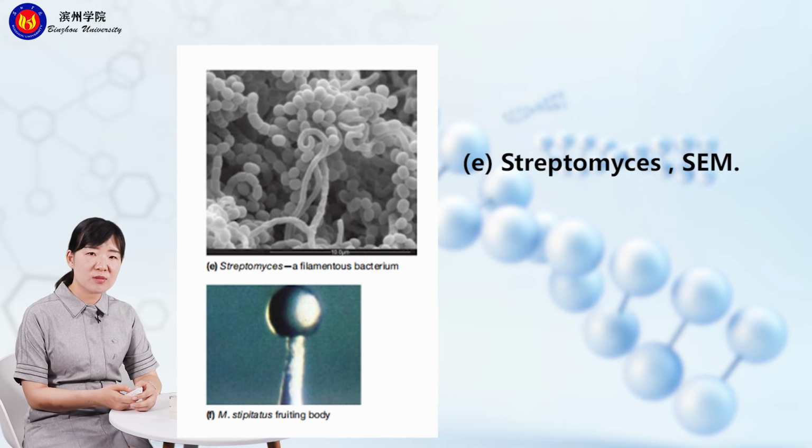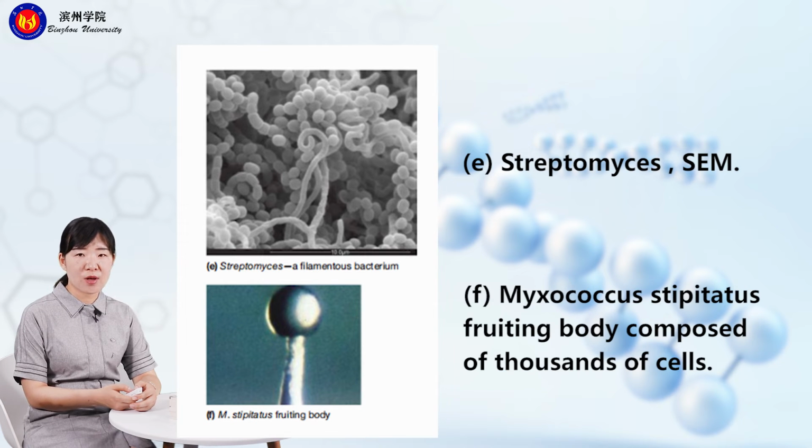Being filamentous allows some degree of differentiation among cells in the filament. For instance, some filamentous cyanobacteria form heterocysts within the filaments. These are specialized cells that carry out nitrogen fixation.